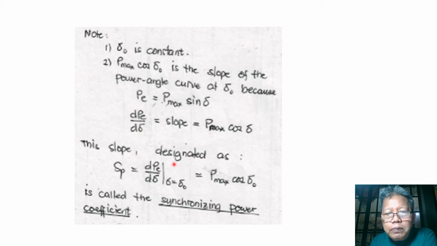Now this slope is designated as SP, and this is equal to dPE over d delta when delta is equal to delta O, which is just equal to P max cosine of delta O. This SP is what we call the synchronizing power coefficient.